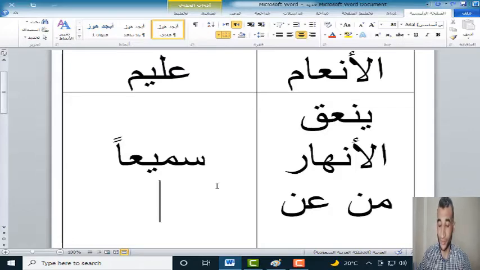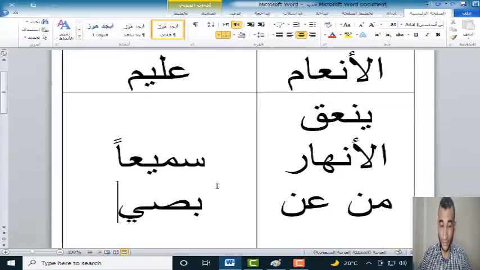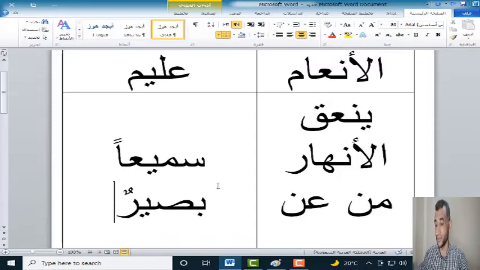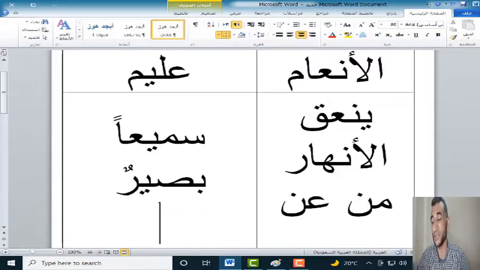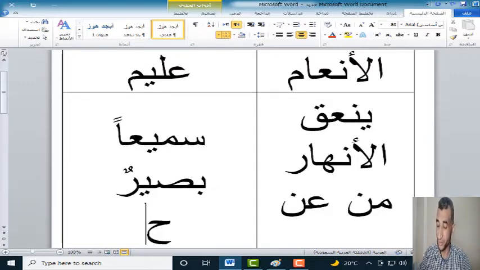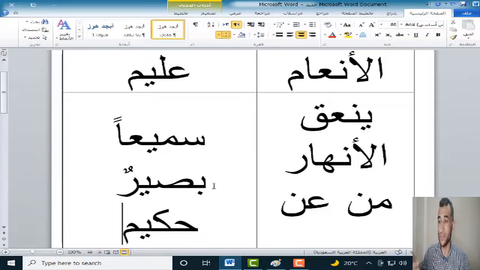And Basirun, also a noun, okay? And the Tanween with a double kasra like Hakimin, awesome in the English language.